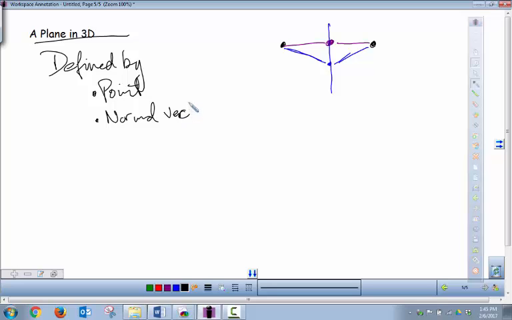You guys know what I mean by normal? Yeah, normalize is making it to unit length, but that's not what this normal means. So perpendicular, orthogonal.